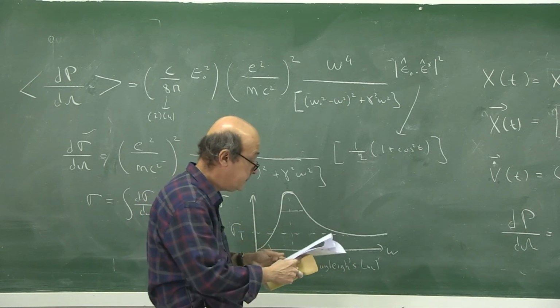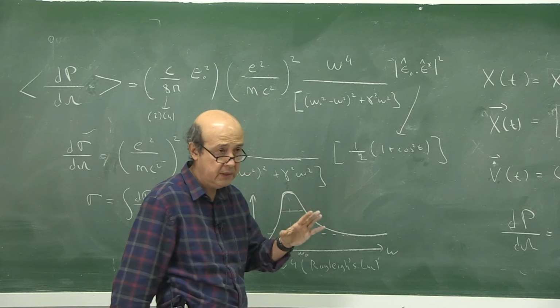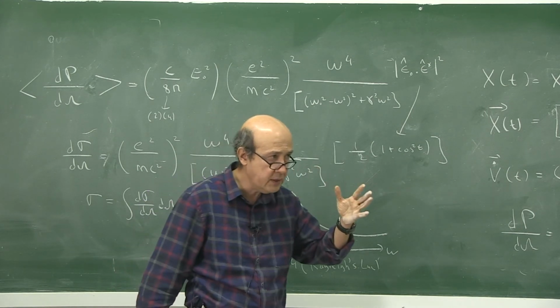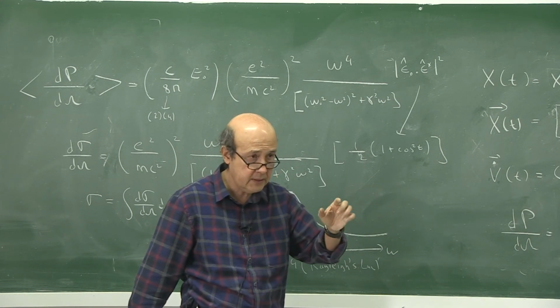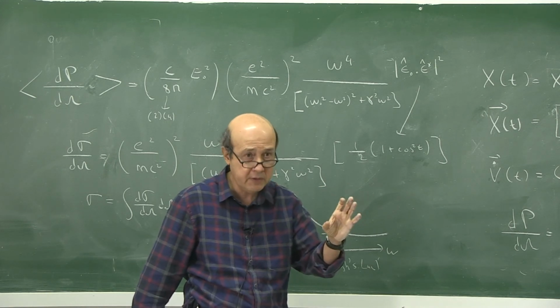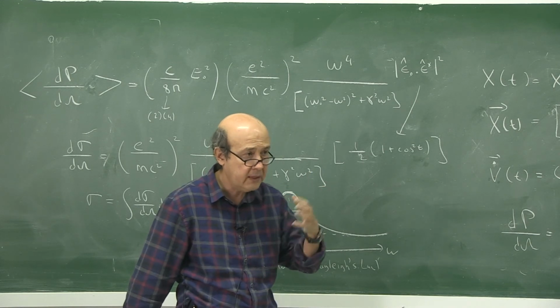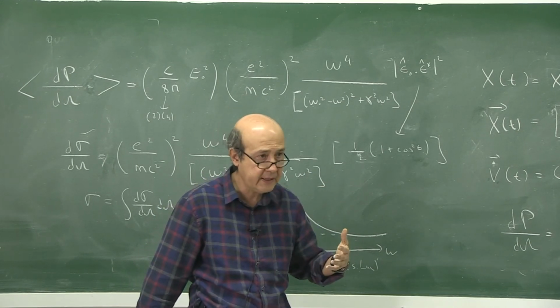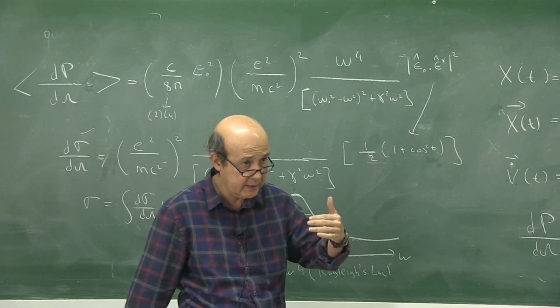I erased the equations, but for the damping equation, if you remember, we have the double dot, single dot, and no dot. The single dot is the friction term, related with the velocity, that comes from the radiation reaction force. But you can include the quantum mechanical effects, and that will be proportional to the velocity, or x dot again.